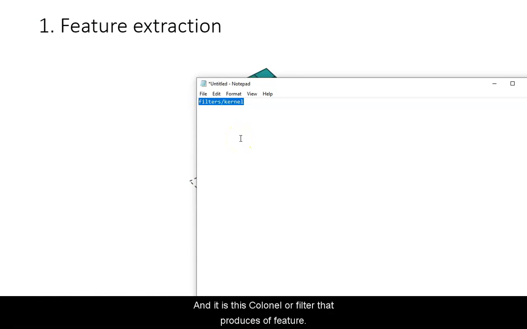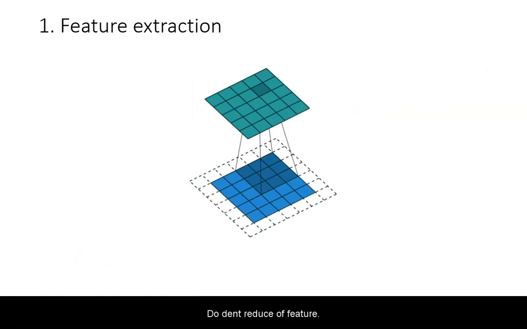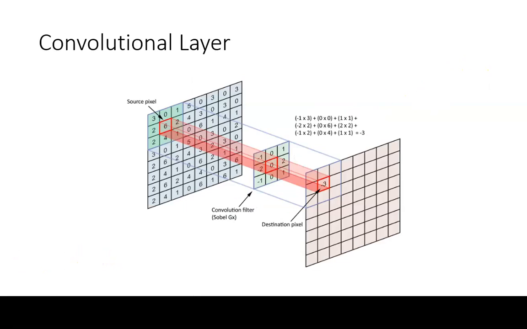And it is this kernel or filter that produces a feature map. Or put another way, the convolution is performed on the data with the use of filters or kernels to produce a feature map.